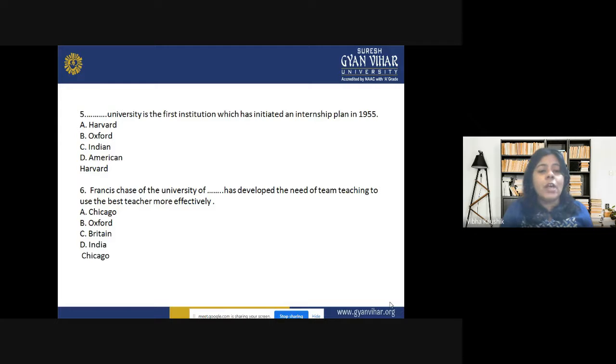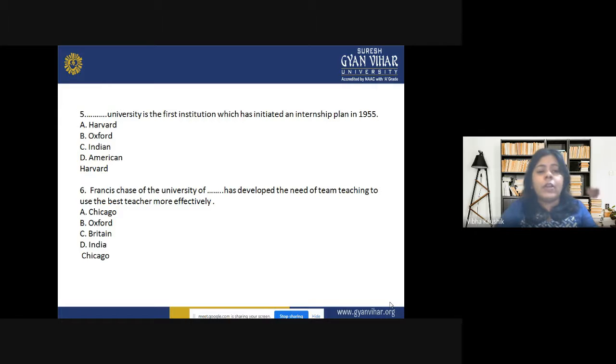So the options are A. Harvard, B. Oxford, C. Indian, D. America. So students, these are the options. Now you have to select the correct answer on the basis of the given choices.